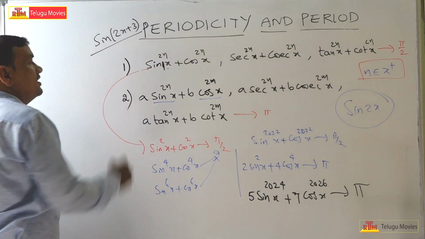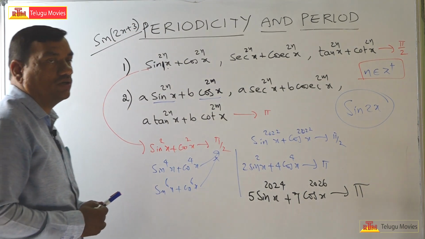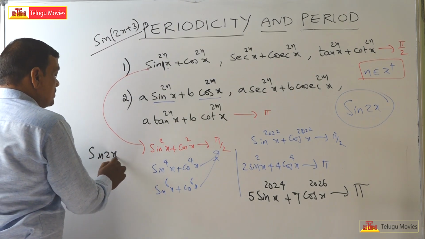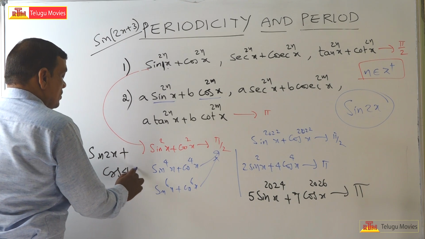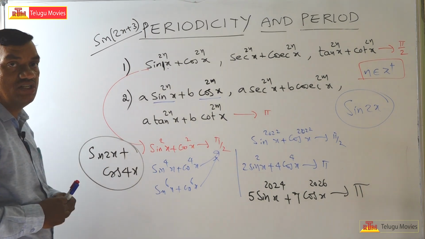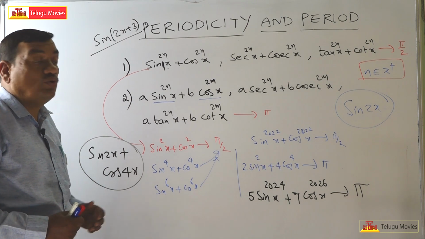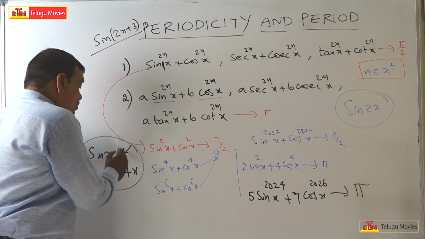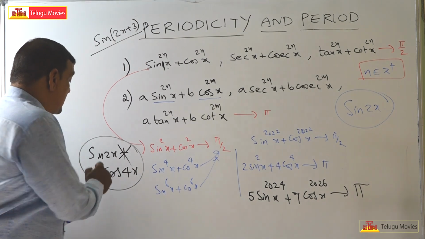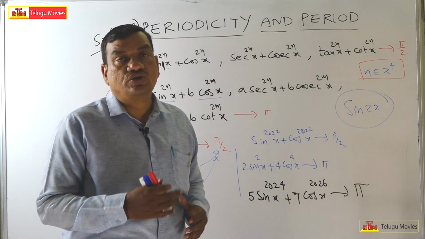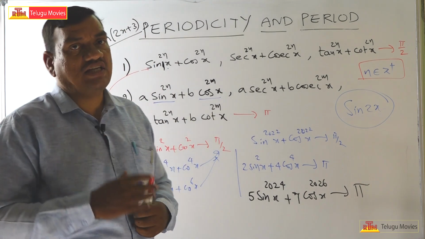And the period of sin 2x plus cos 4x. How to find the periods of these types of functions? Otherwise sin 2x into cos 4x, or sin 2x by cos 4x, multiplication, divisions, all those types of functions, in the next class I will explain.